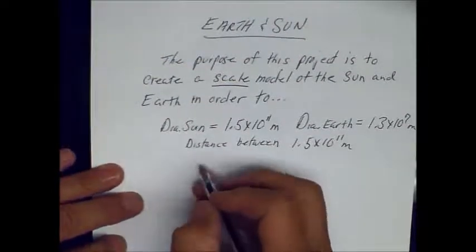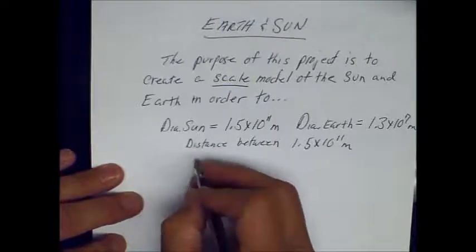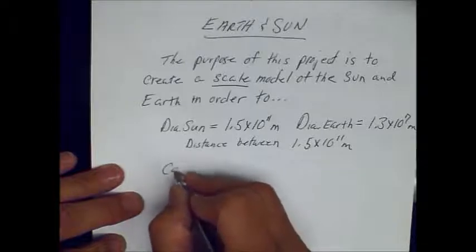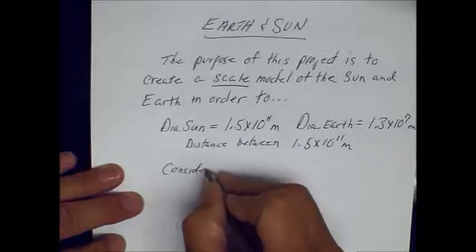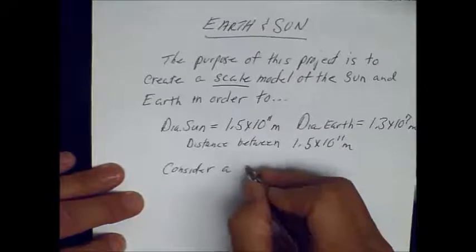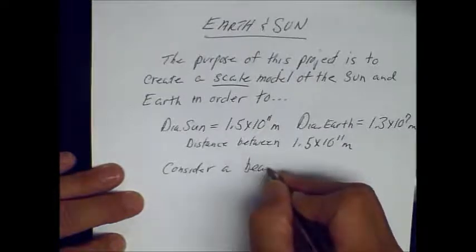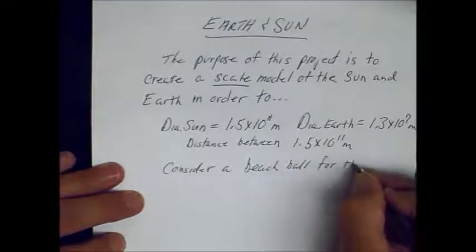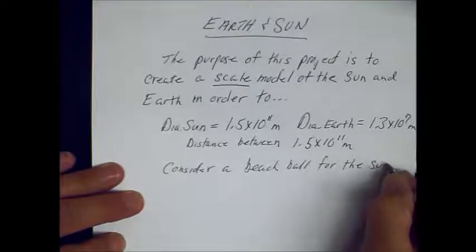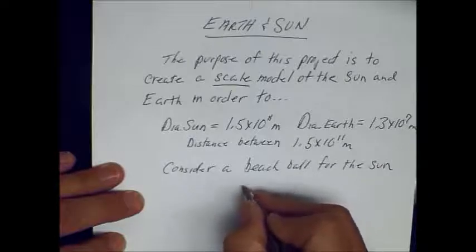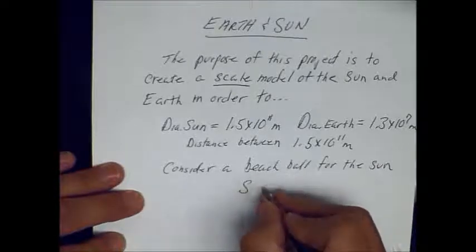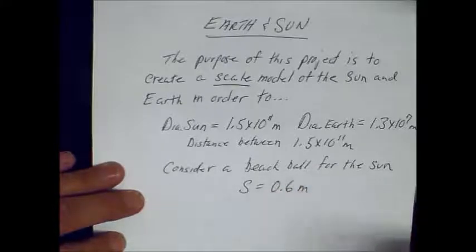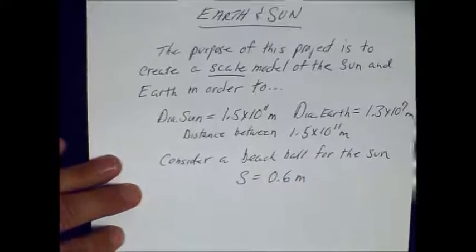So here we are on step 3: consider a beach ball for the Sun. And beach ball diameter is, so I'm going to put S is equal to 0.6 meters. So S represents the diameter of the Sun.